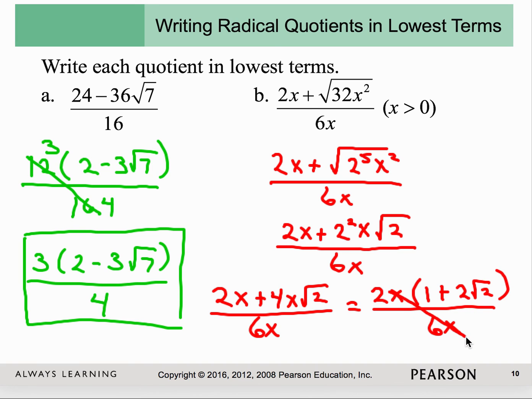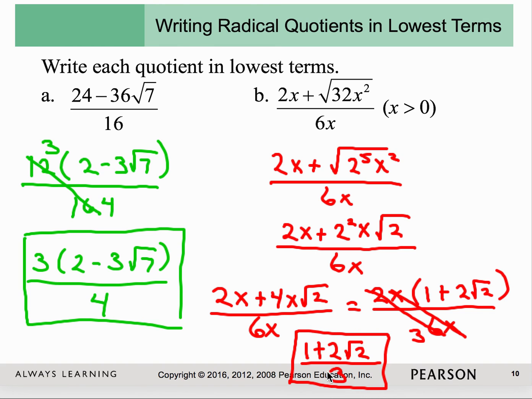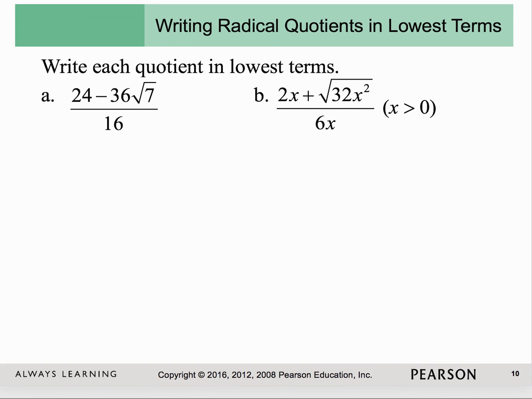These x's will cancel, and the 2 and the 6 will cancel and leave a 3. So final answer, 1 plus 2 square roots of 2 over 3. Just using this idea of simplifying radicals to reduce fractions. Okay, see you next time.